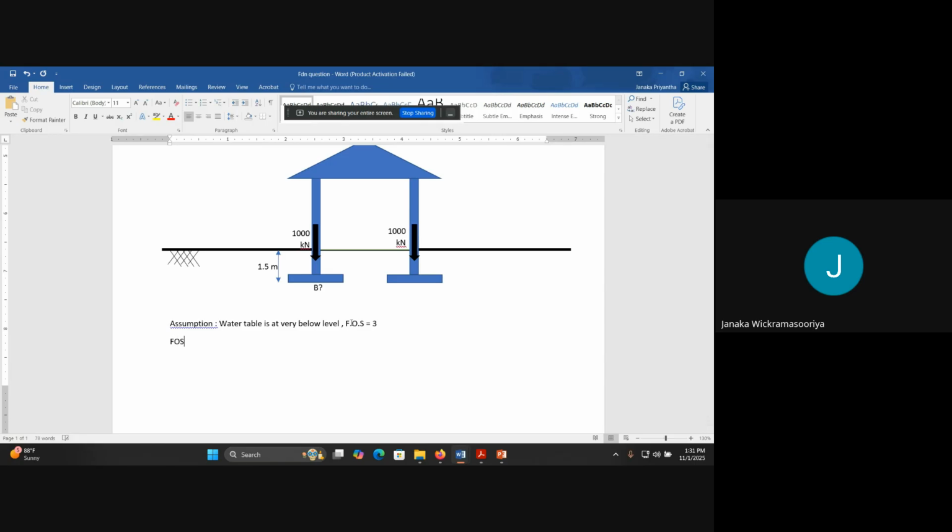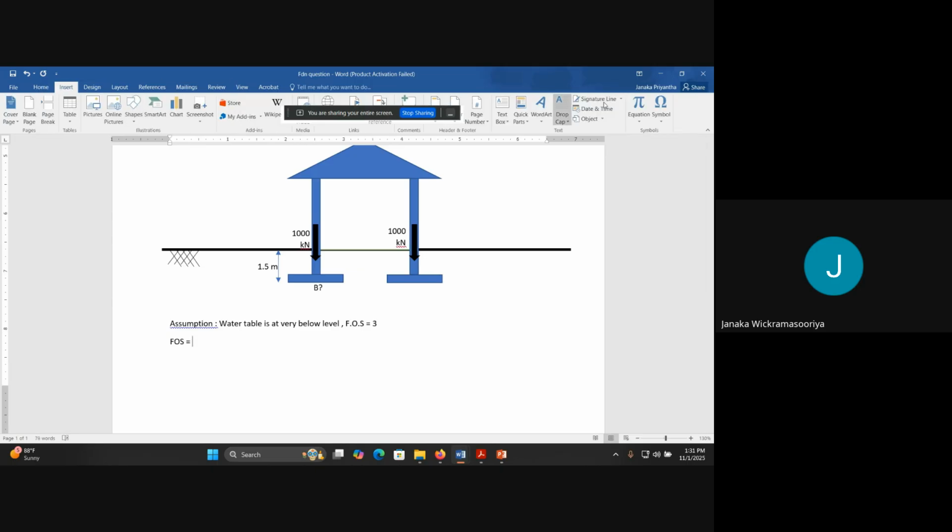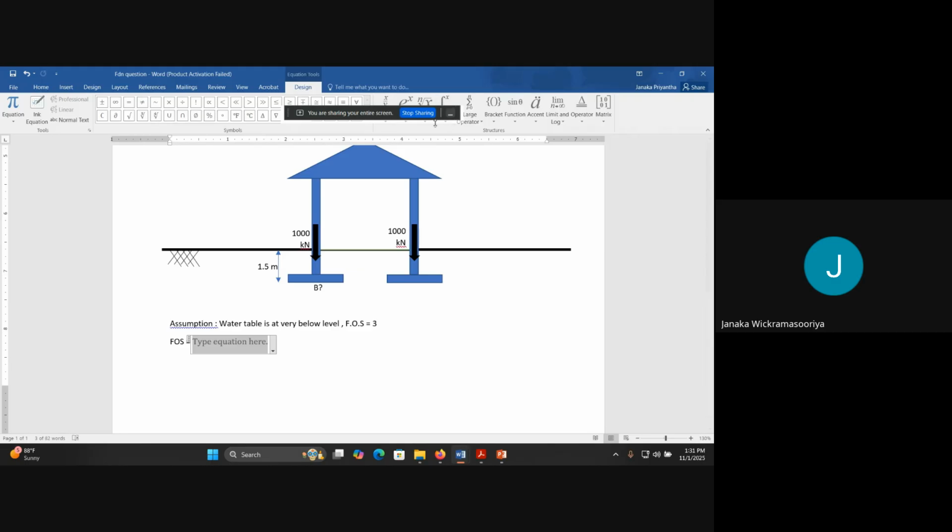Therefore, the factor of safety equals the ultimate bearing capacity, that is Q ultimate, divided by the allowable stress on the foundation.